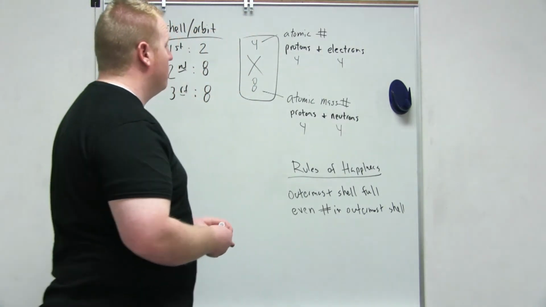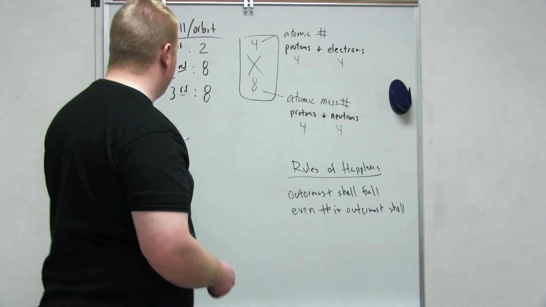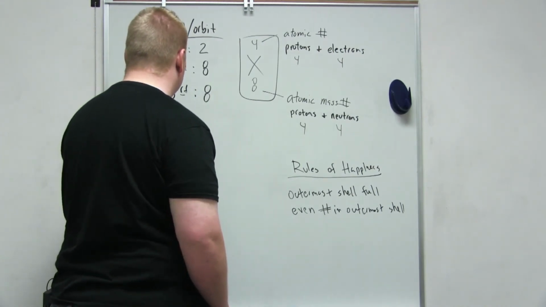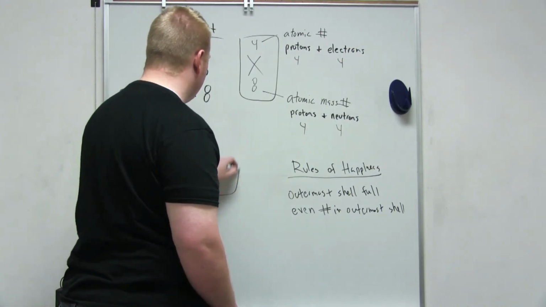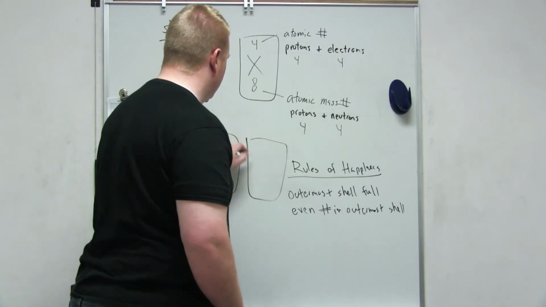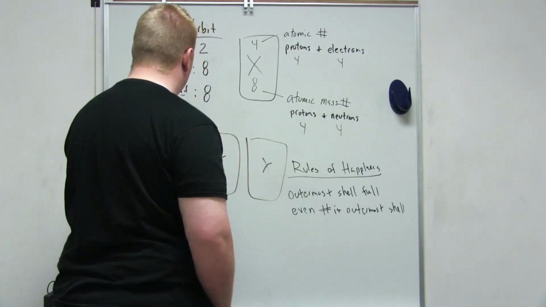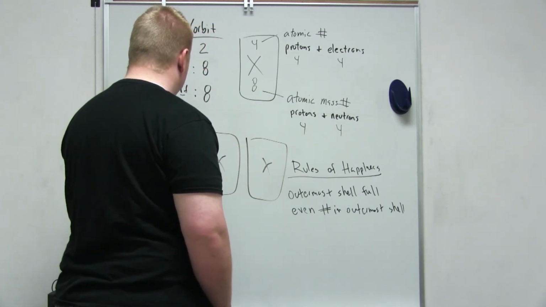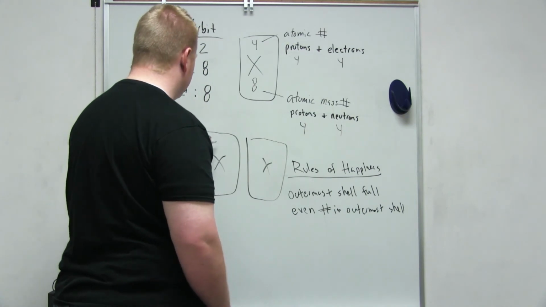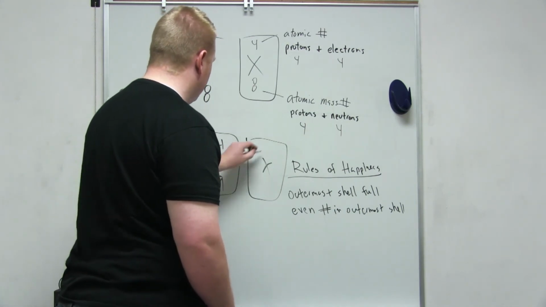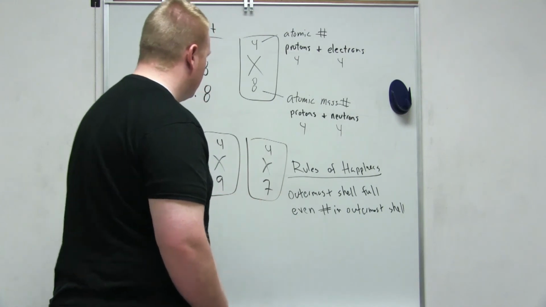So you can have, let's just use our element X. The first one, which is 4 and 8. Let's say this one is 4 and 9. This one is 4 and 7.